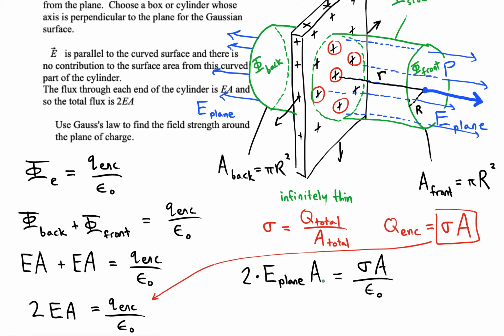And the area here will clearly cancel. So no matter what size our cylinder is, that won't matter when it comes to evaluating the field strength at the location P. I'll solve for E plane.